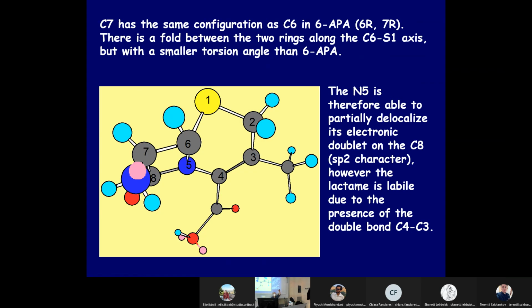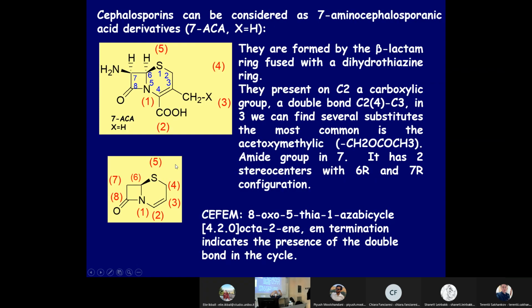If we see the model of the cephalosporins, you see the sulfur is here, the leaving group is here, the acidic group is here, and then the four-ring system here. The two rings are planar. The situation is different from that of penicillins.